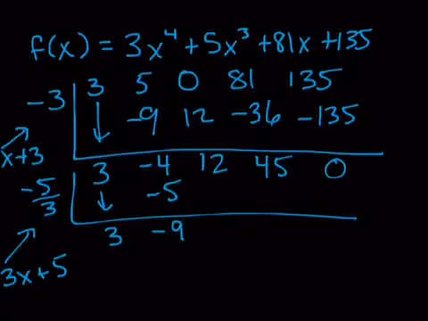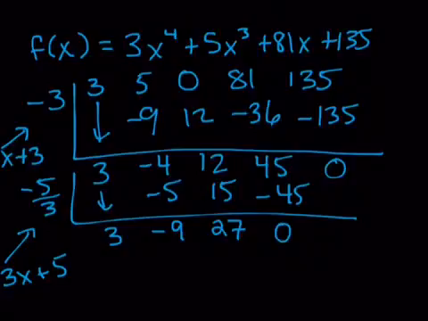Times negative 5/3, that's going to be positive. And the 3 and a 3 will cancel from the 9. So that's going to give me 15. And that would be 12 and 15 is 27. 27 times negative 5/3 is negative 45, and subtracting would give 0.